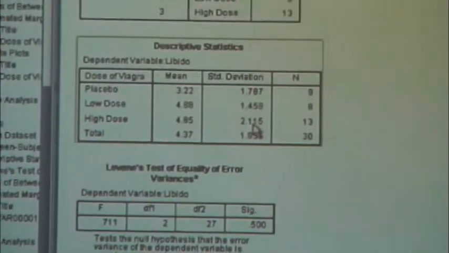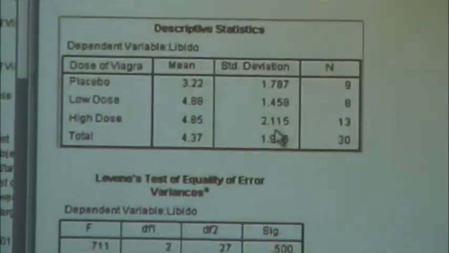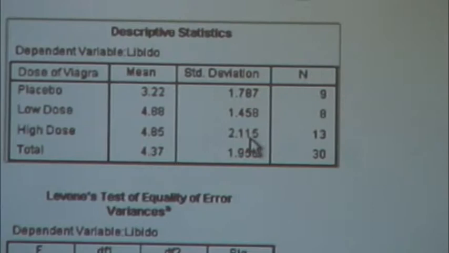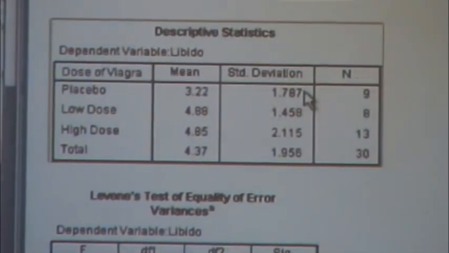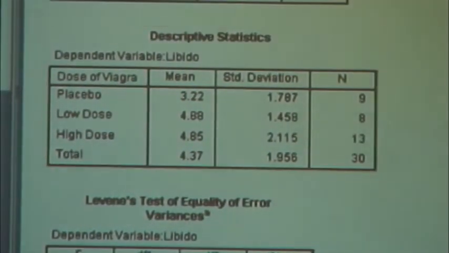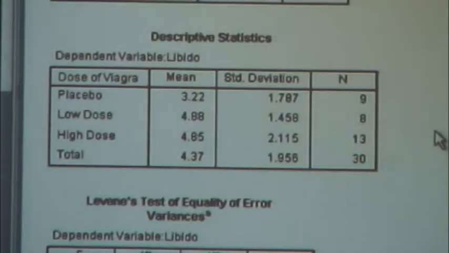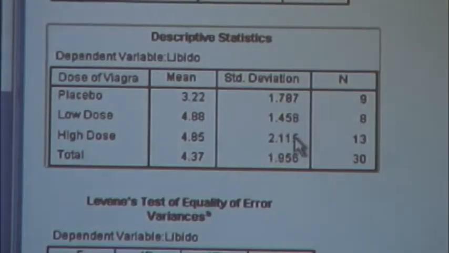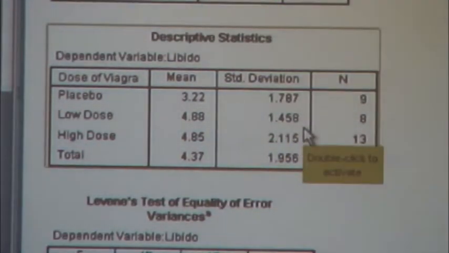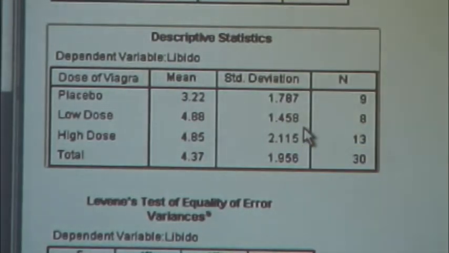The high dose had quite a larger standard deviation, so if we square that one, it would be 4 for the variance, and this one would be, I don't know, 3. It must just barely be significant. Doesn't look very different. So remember our F maxes need to be pretty big for us to worry about homogeneity of variance. It's a pretty small sample, so we probably have to ignore the homogeneity of variance violation in this one and worry more about the other assumption.